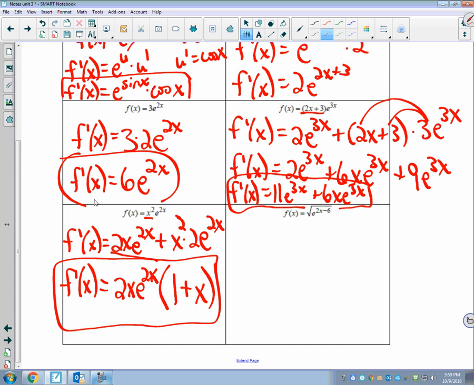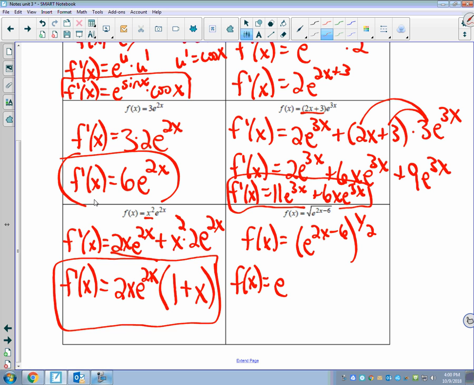Oh, it's Emma's favorite with the square root. The first thing I'm going to write on this one is I'm going to rewrite this as e to the 2x minus 6 all to the 1/2 power, which means if we remember our rules of exponents, I don't even think that this becomes very complicated, because when I have a power to a power, don't I just multiply those exponents? So this is one of those when I think we could simplify first.